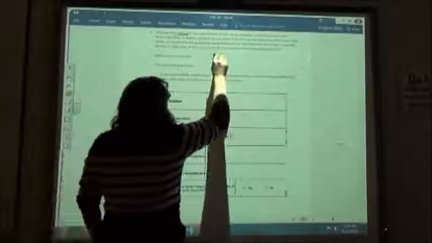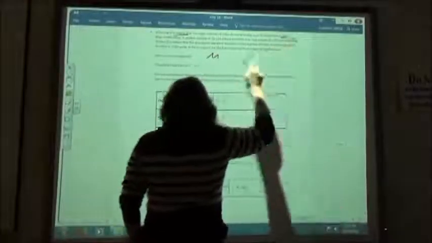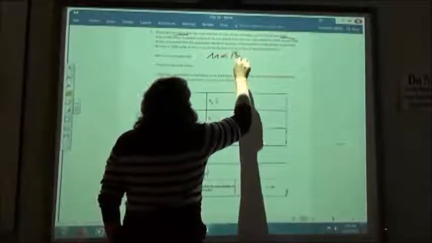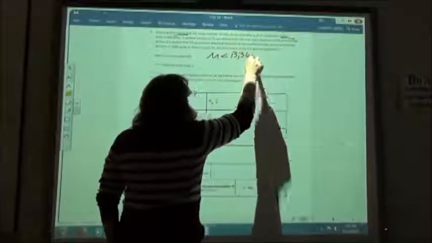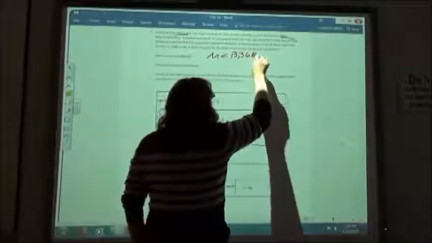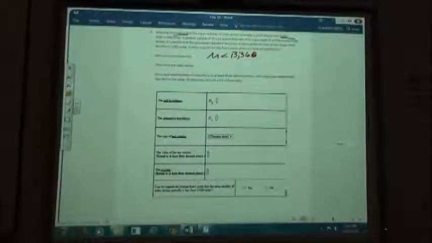So their claim is that the mean is less than 13,360. That's their claim. So, since that doesn't have an equal to, that's the alternate. The null always has the equal to.